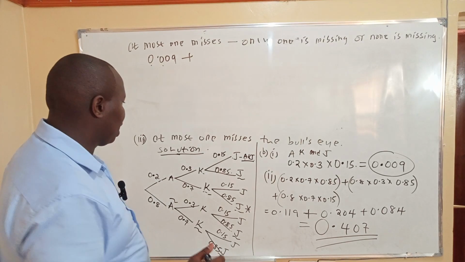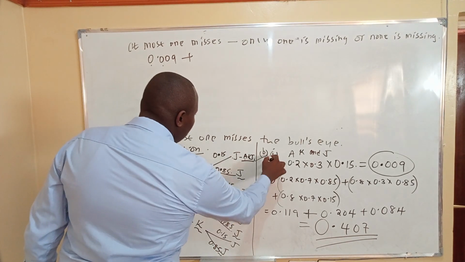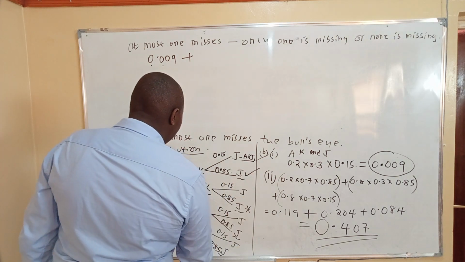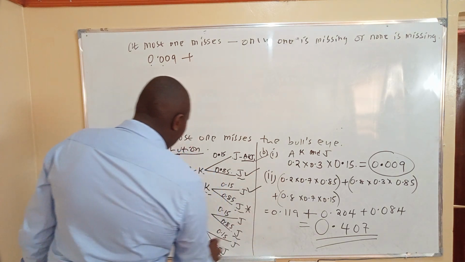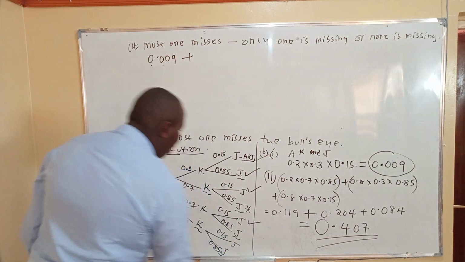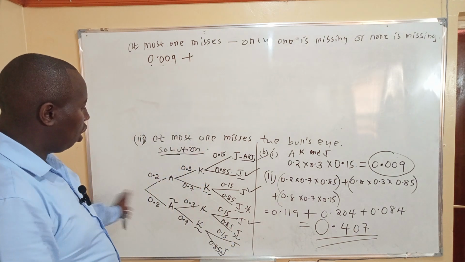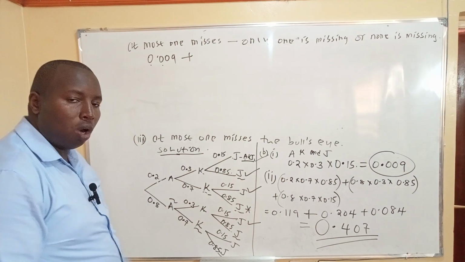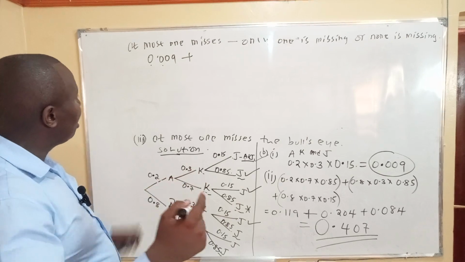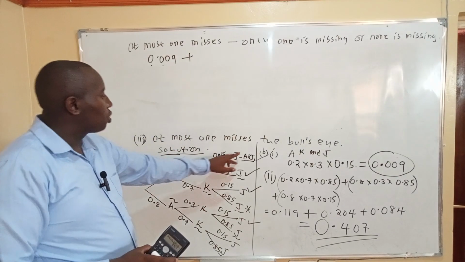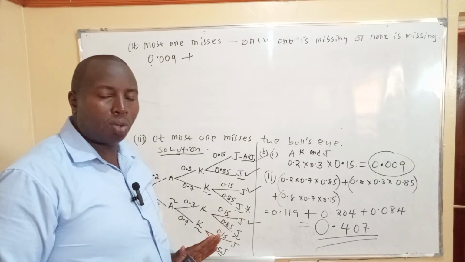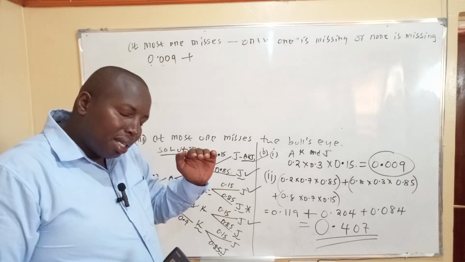Akinyi missing, Kamau and Juma hitting the target. All others do not qualify because two of them are missing the target. So either none of them misses, they all hit the target, or two hit the target. That's the question, that at most one misses the target.